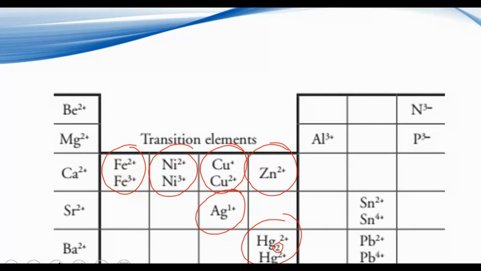Right here on the bottom, we have tin as 2+ and 4+, and then lead, 2+ and 4+ as well. As we move forward with the unit, I will give you a few more that you will need to label, but these are the ones we're going to use the most for the first couple of days of the lesson. So let's take a moment and label all of these on the periodic table, and then we'll move on to some examples.